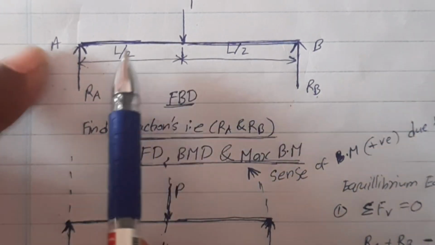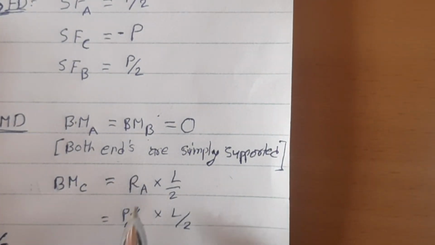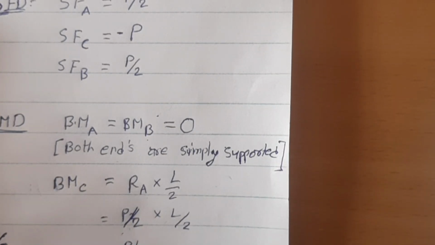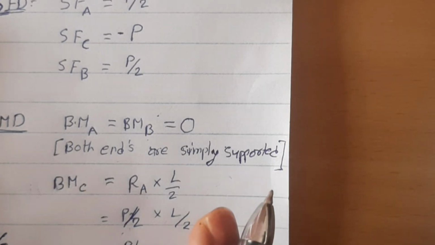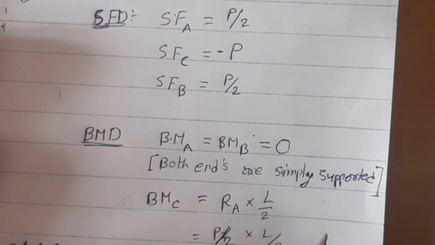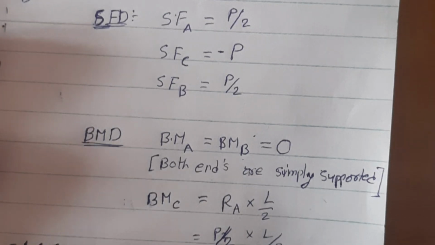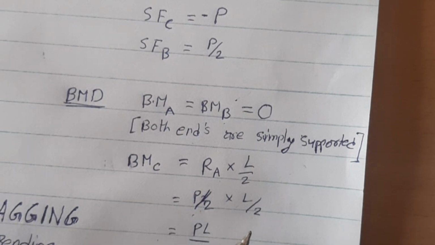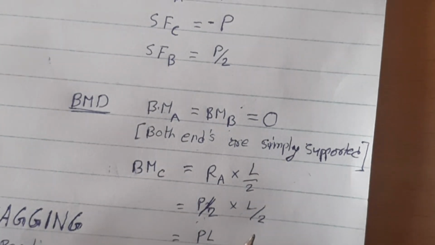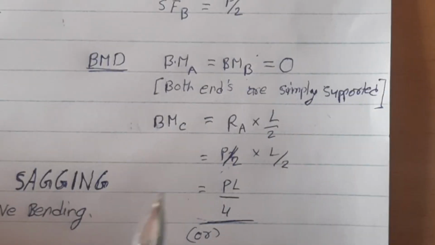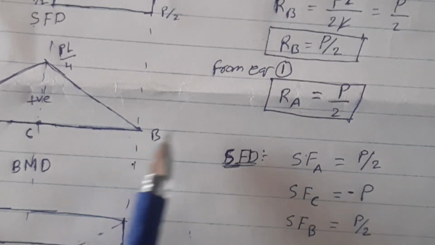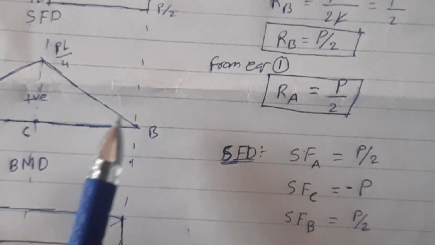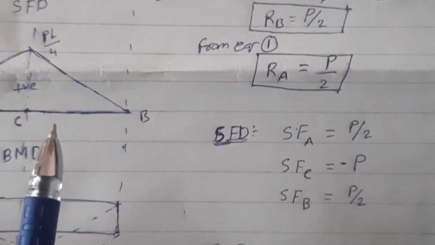P by 2 into L by 2 gives PL by 4, which is the magnitude acting at point C. And the bending moment at B should be equal to 0. Why? Because this is a determinate beam and it is in equilibrium.